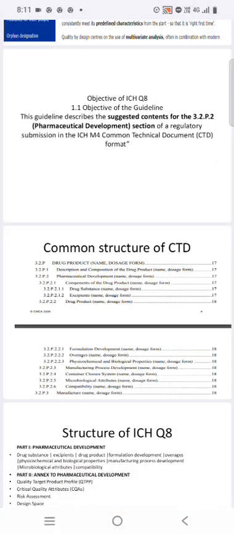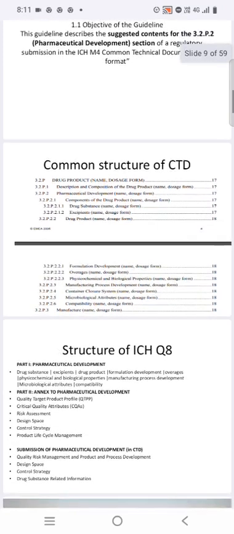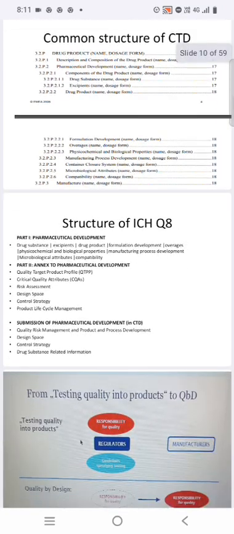Now, the common structure of CTD is important for the applications of quality pharmaceutical products. The structure of ICH Q8, we should follow: the quality target product profile, QTPP. QTPP stands for quality target product profile.